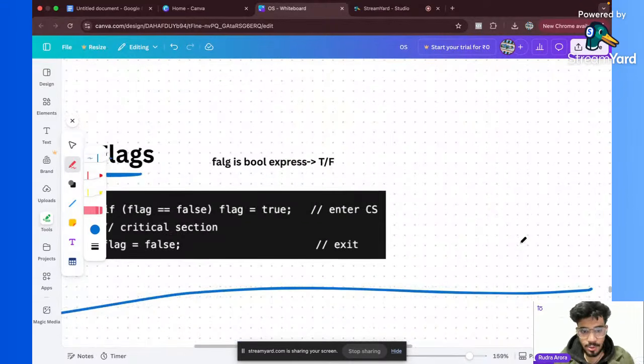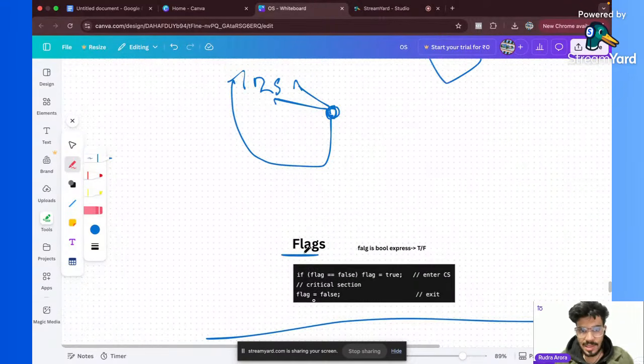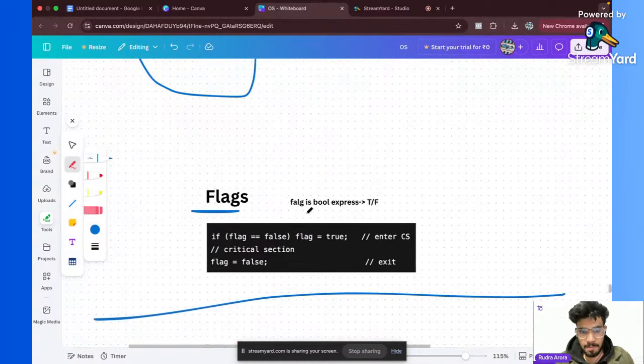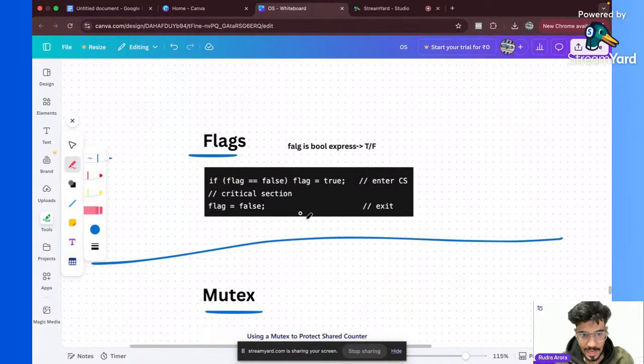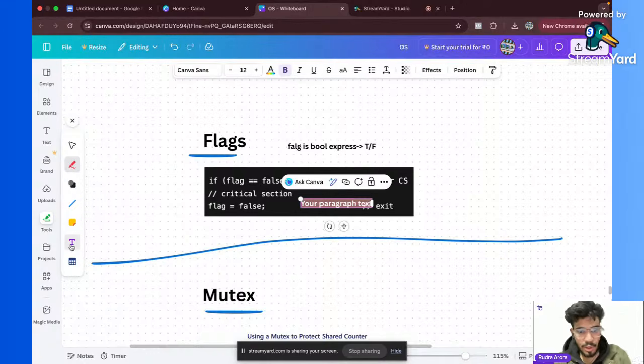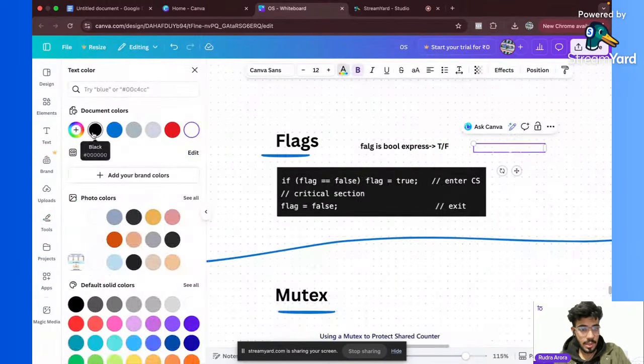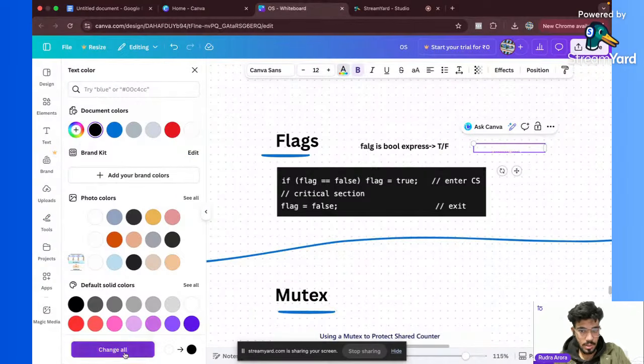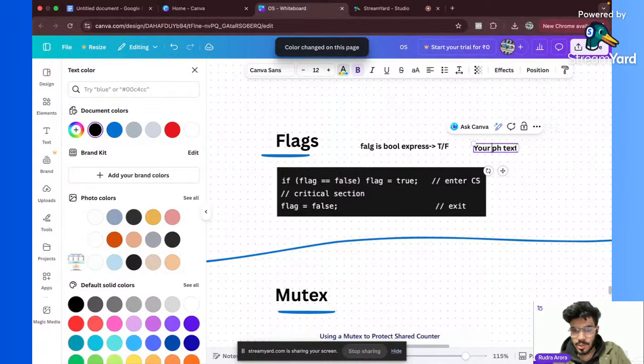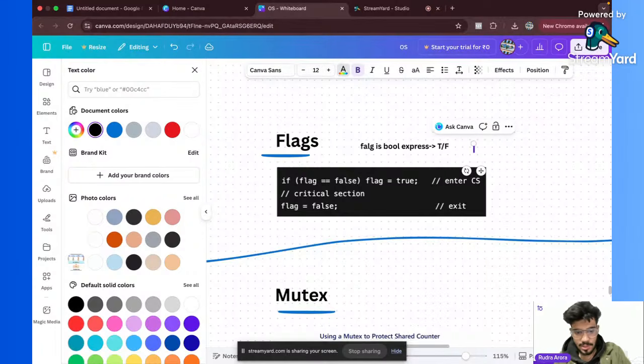So if you are using flags, then this condition will occur that I just told you, that P1 and P2 will see for the first time. If flag is false, flag false means that there is no process in the critical section.